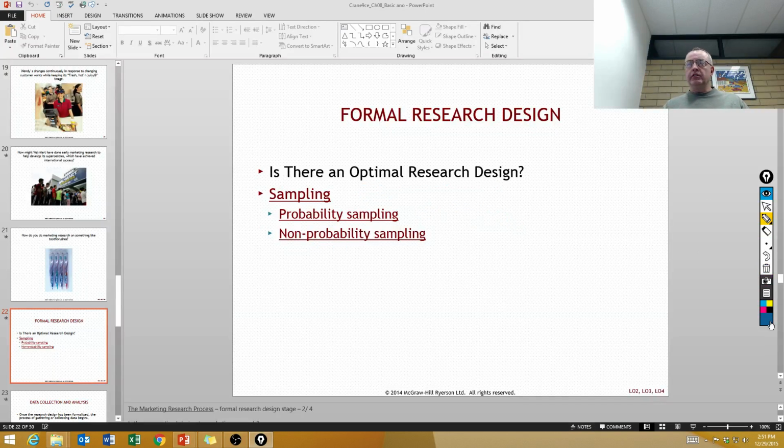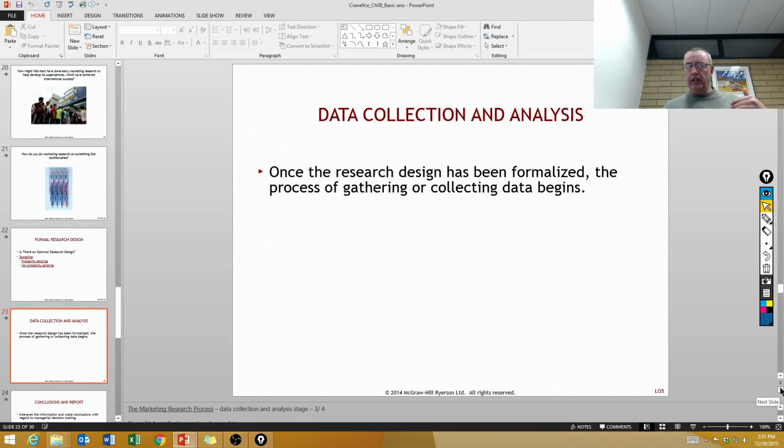Okay, so the next little section moves on to the third step of the marketing research process, and that's the actual collection and analysis of data. So by data collection, it's simply going out into the field and collecting the data into our survey or experiment or observation.